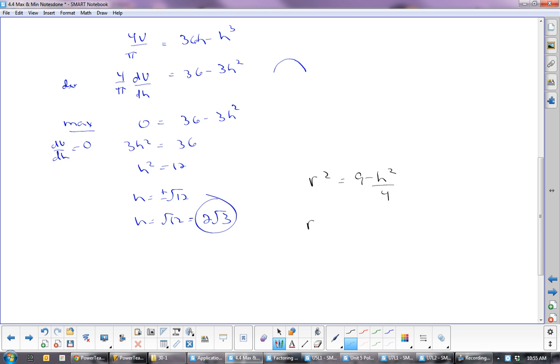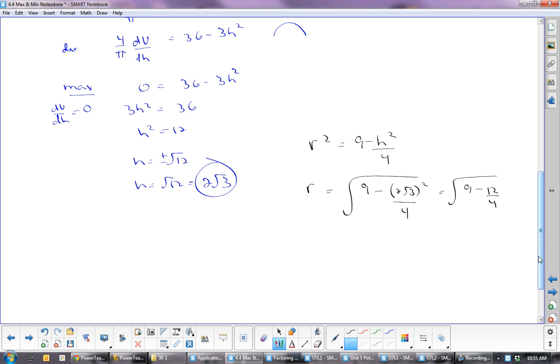So r is going to equal the square root of 9 minus 2 root 3 squared over 4. This equals the square root of 9 minus 4 times 3 is 12 over 4. 12 over 4 is 3, so this is 9 minus 3, which is root 6. r equals root 6.